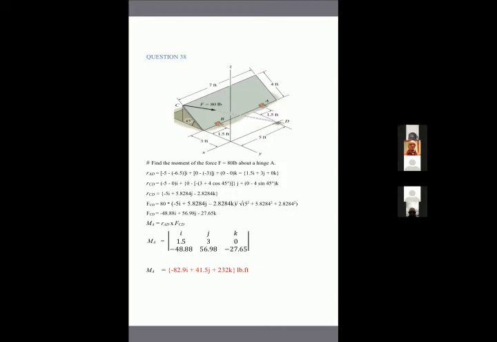Then the Y coordinate, point D hasn't moved anywhere in the Y, so it's 0, minus point C in the Y, it moved negative 3 added to 4 cosine 45.